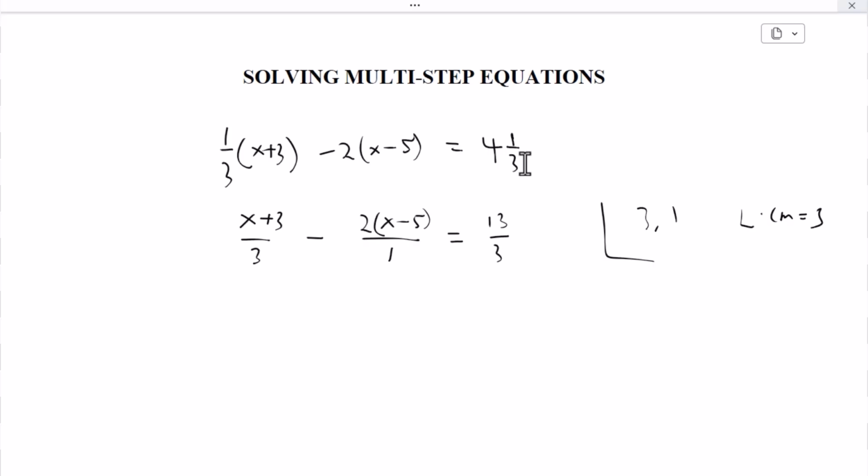And doing that, we're going to have on the left hand side 3 multiplying the expression x plus 3 on 3, minus 3 multiplying the expression 2 x minus 5 on 1, to be equal to 13 on 3 multiplying 3.